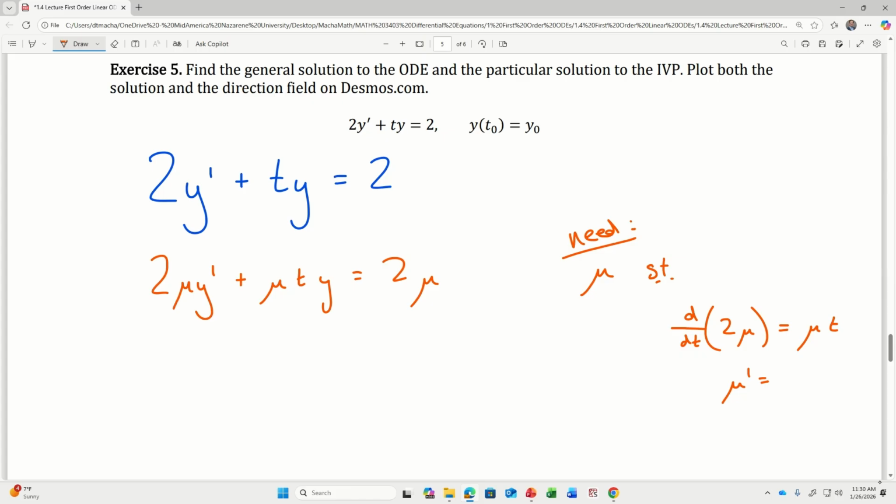And since, you know, homogeneity, I could just divide by 2. I could say this is 1/2 mu t.